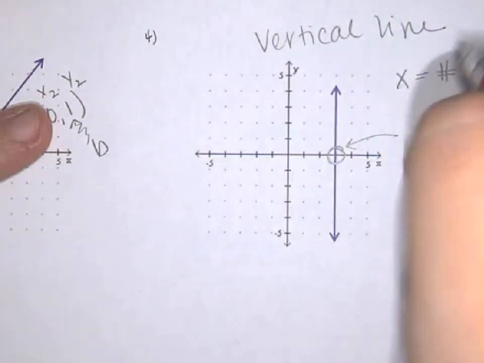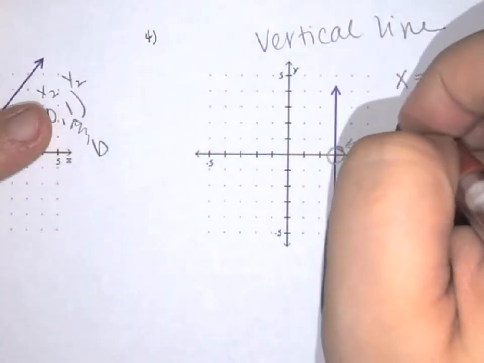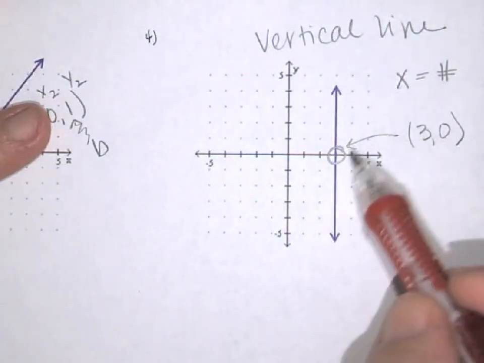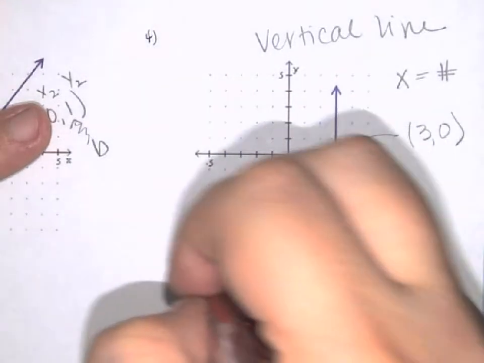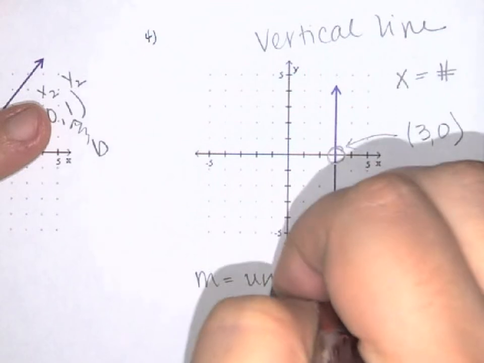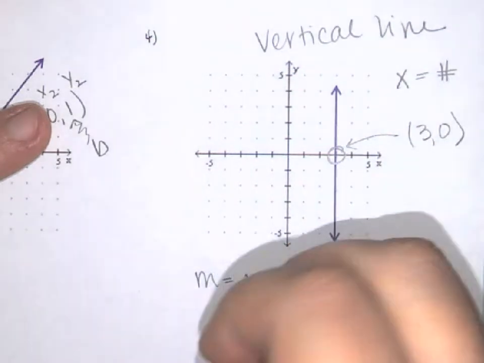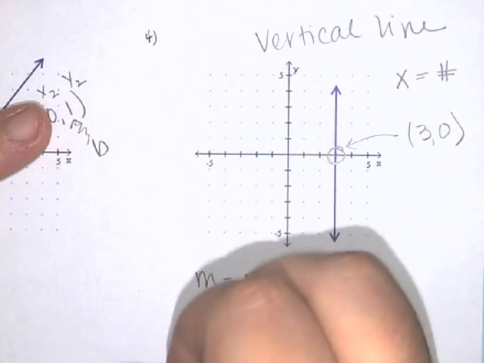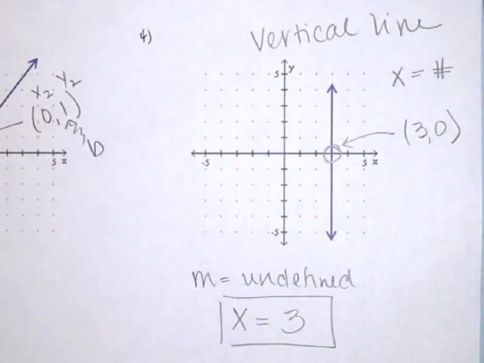Well, this point here is going to be the point 3, 0. Therefore, because this is an x-intercept and a vertical line, remember your slope here is undefined, which means we have an equation x equals 3, and this would be that final result.